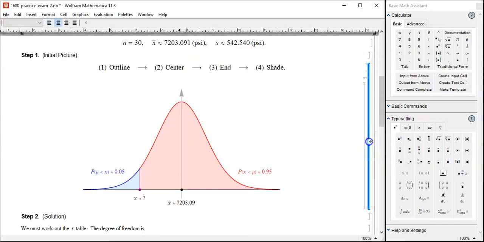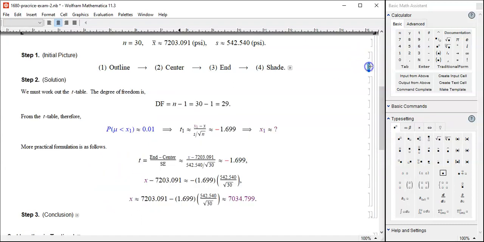Where's the initial picture? Now I'm looking for the left hand side. This is the center, and I have to subtract to go down. So we need a negative sign there. Not the right, but the left. That's what this negative sign is all about. Not just 1.699, but negative 1.699.